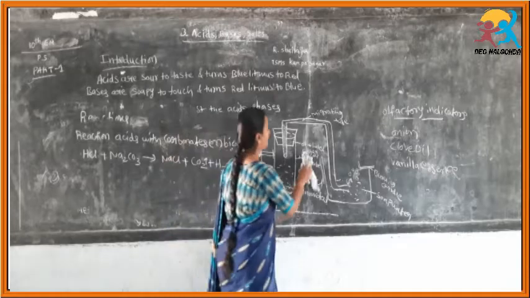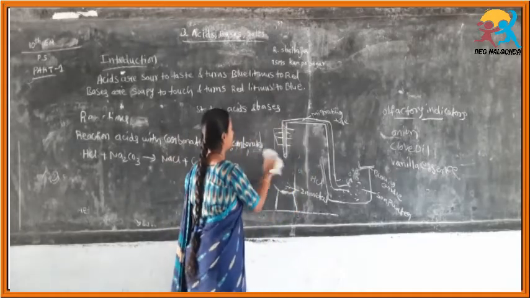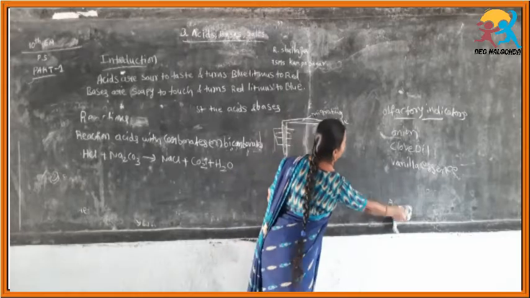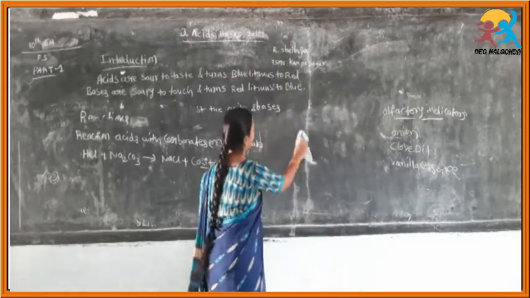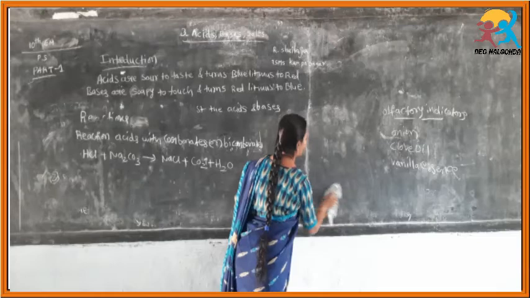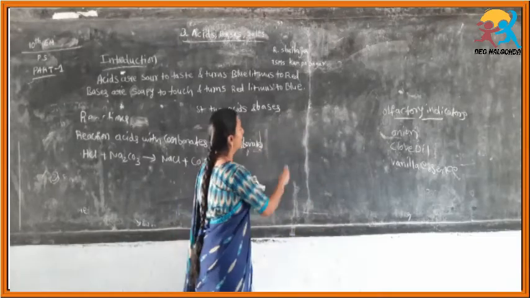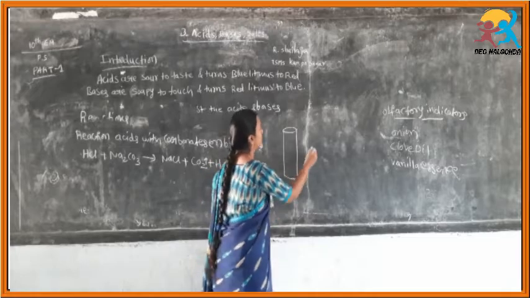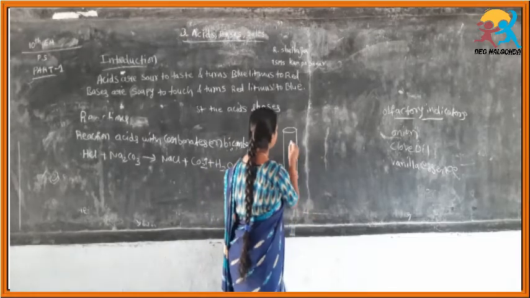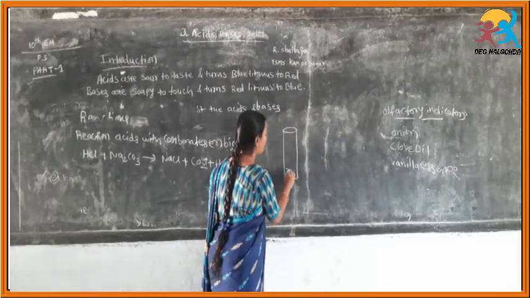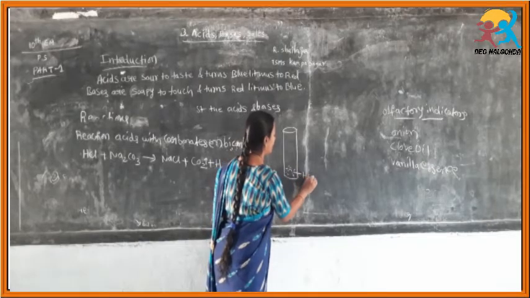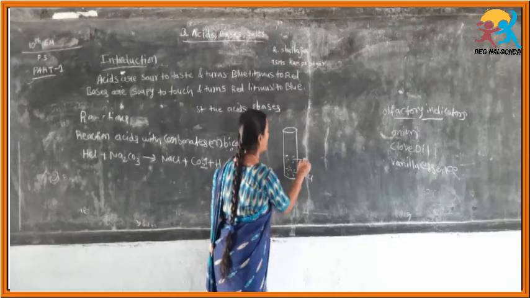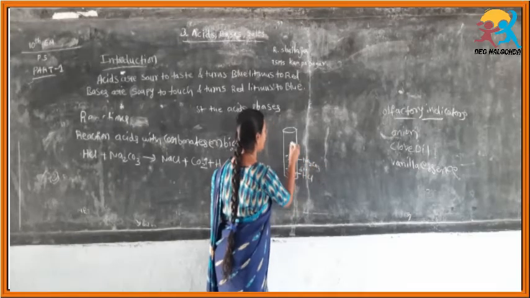So this we can also observe in the experiment. Take two test tubes. In this test tube you add dilute HCl and sodium carbonate, Na2CO3.